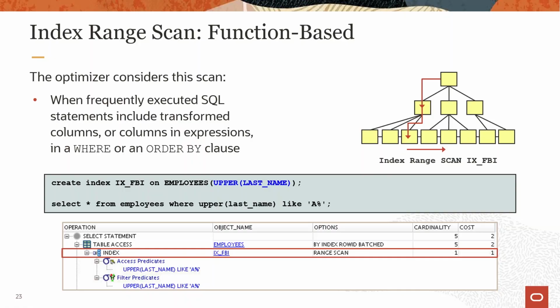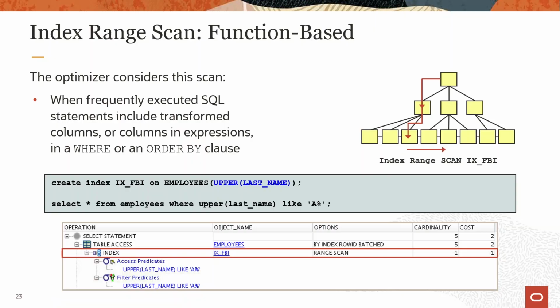Now, you have the possibility to create a function-based index like you see here. It creates an index upon table employees, but that will index the outcome of the upper function on the last name column. And the optimizer will consider using this function-based index when frequently executed SQL statements include transformed columns or columns in expressions in a where or order by clause.